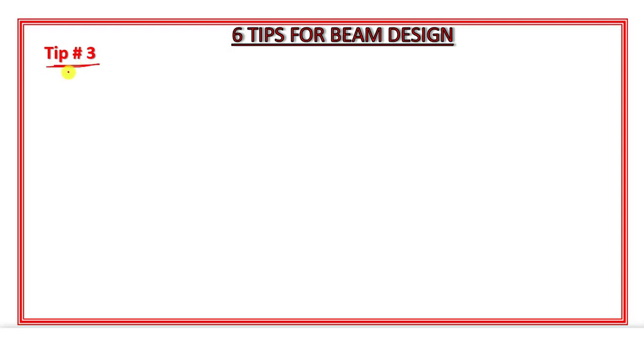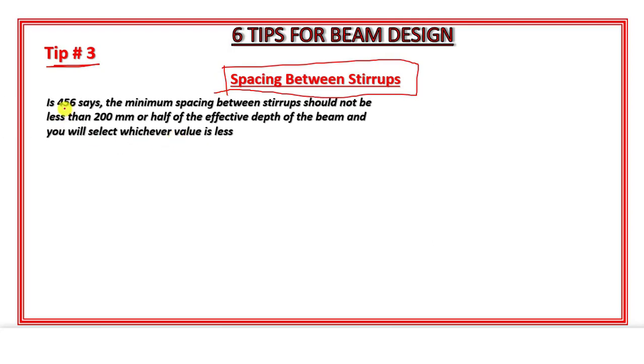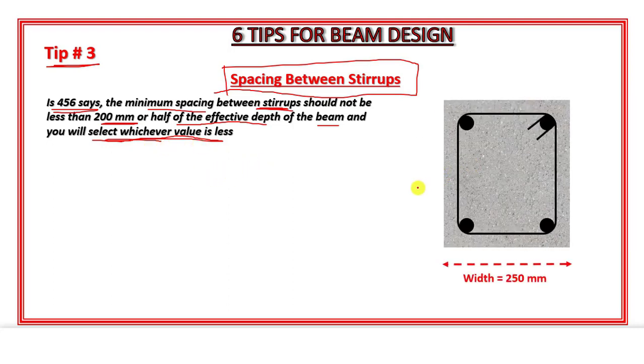So the tip number 3 is about the spacing between stirrups. So as per IS 456 specifications, the maximum spacing between stirrups should not be more than 200 mm or half of the effective depth of the beam, and you will select whichever value is less. So here in this beam the depth is 375 mm.